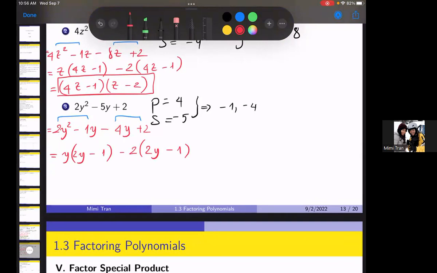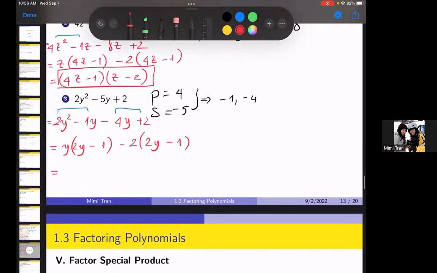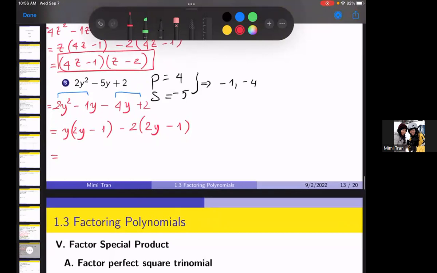Always factor out a negative. And then I have 2y minus 1, 2y minus 1 twice. So that's my common factor. Factor it out. So what's left is y minus 2. If you have -4y minus 1y first, it's the same thing. Make sure you factor out that -1.